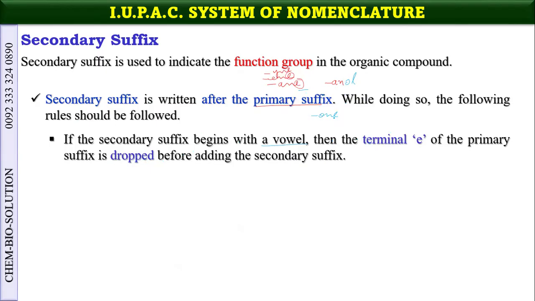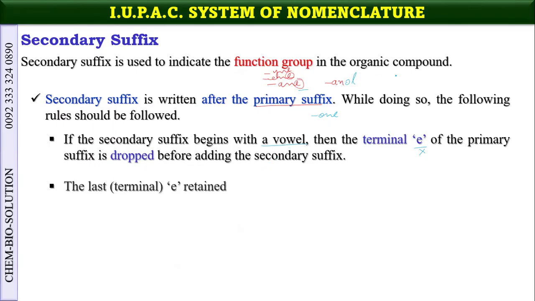Ketone ends in O-N-E, which is again a vowel. So whenever there is a vowel, we drop the final ending E of the primary suffix.